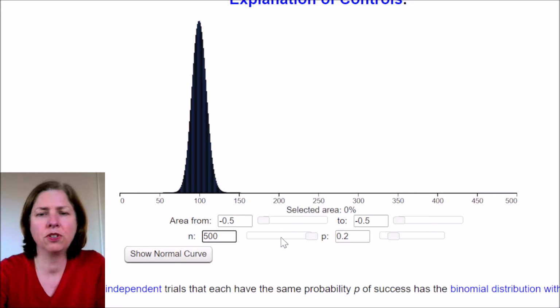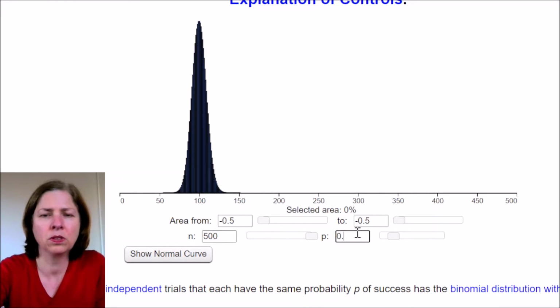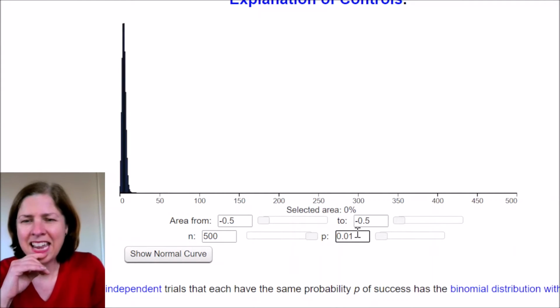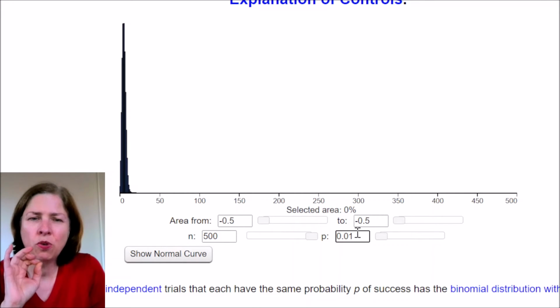I want to show you also that if I start making p really small, like 0.01, okay, already, even though my n is at 500, it's not quite looking like a bell-shaped curve at the moment. And that's partly because my numbers here only go from 0 to 500. So I'm a little bit chopped off.